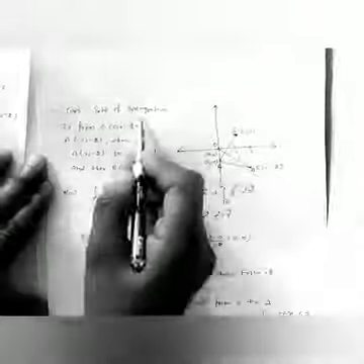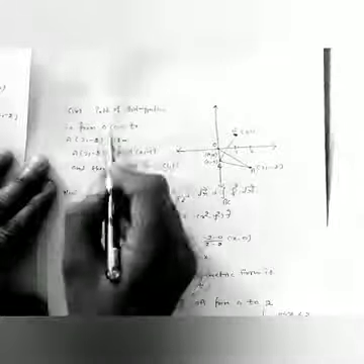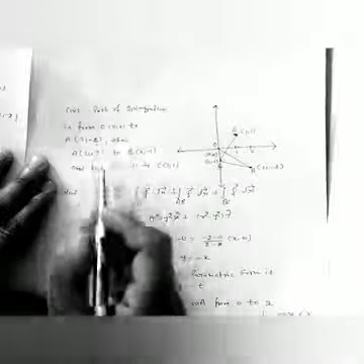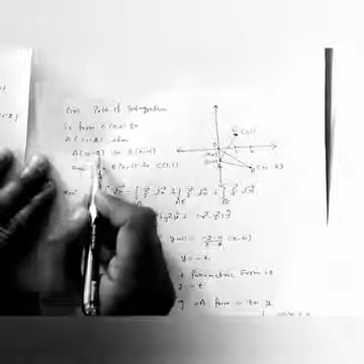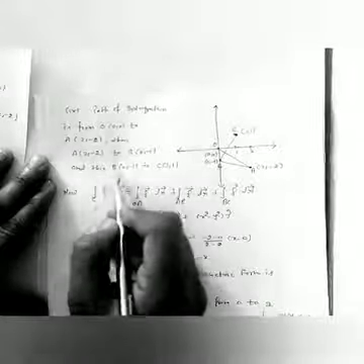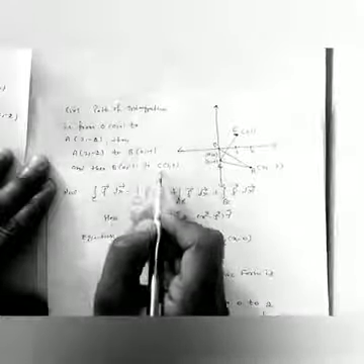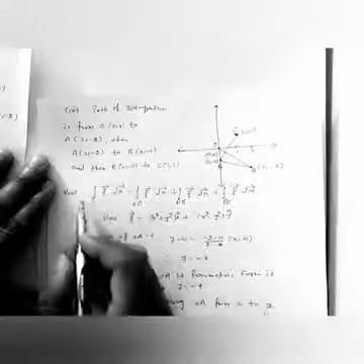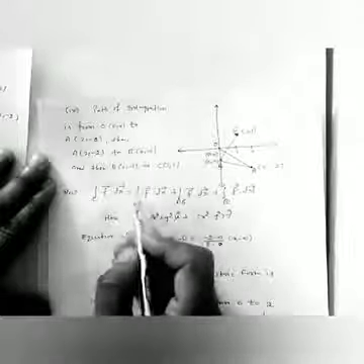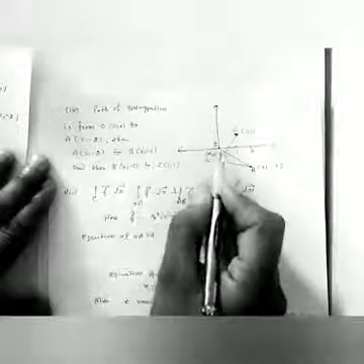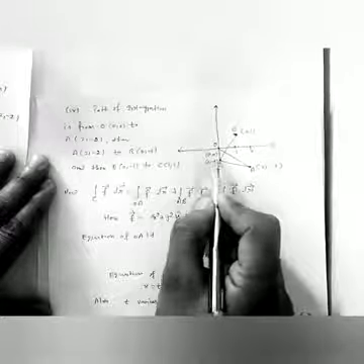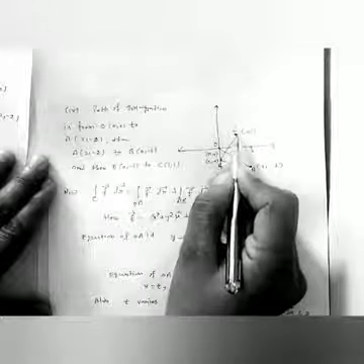The path of integration is from O (0,0) to A (2,−2), and after that A (2,−2) to B (0,−1), and after that B (0,−1) to C (1,1). Therefore the integral over C of f dot dr can be written as: first we calculate the integration along OA, after that along AB, after that along BC.